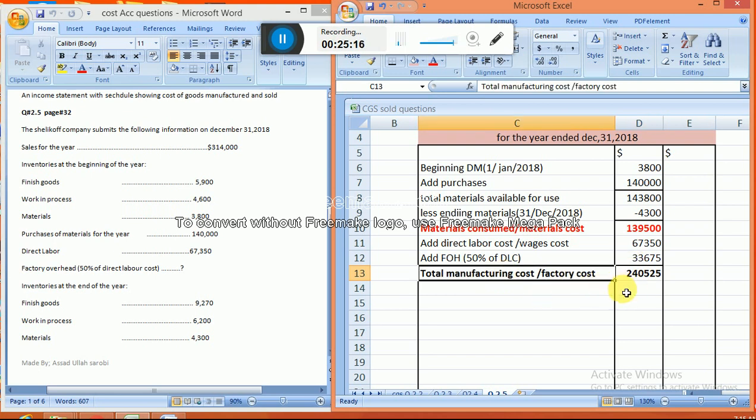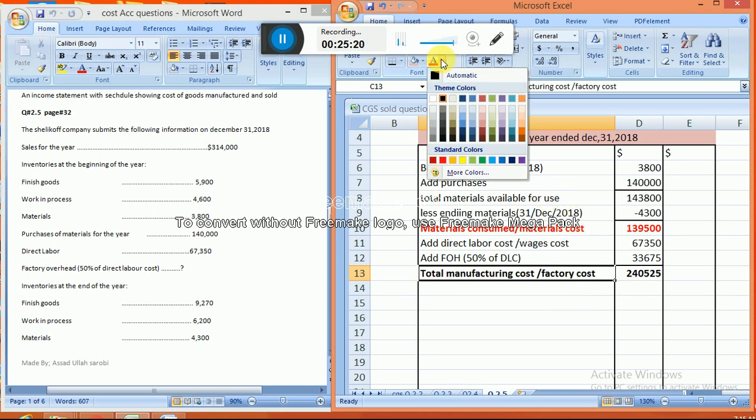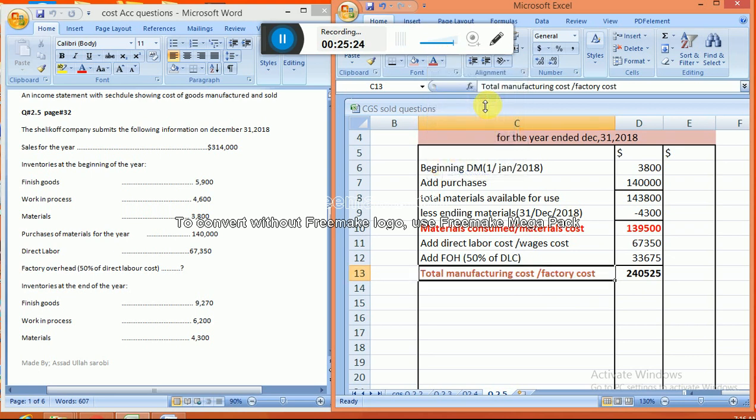It means that we now have work in process.